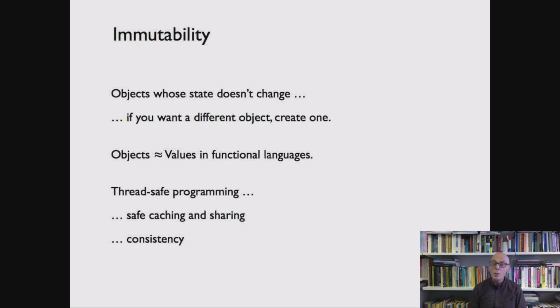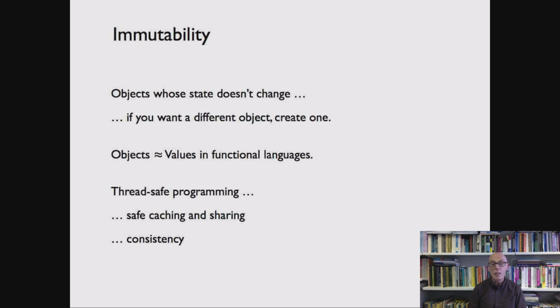If we have immutable objects in an OO language, then these objects become like values in a functional language. And that means that if we're computing with threads which share any state, we can do things like caching values and sharing values entirely safely.